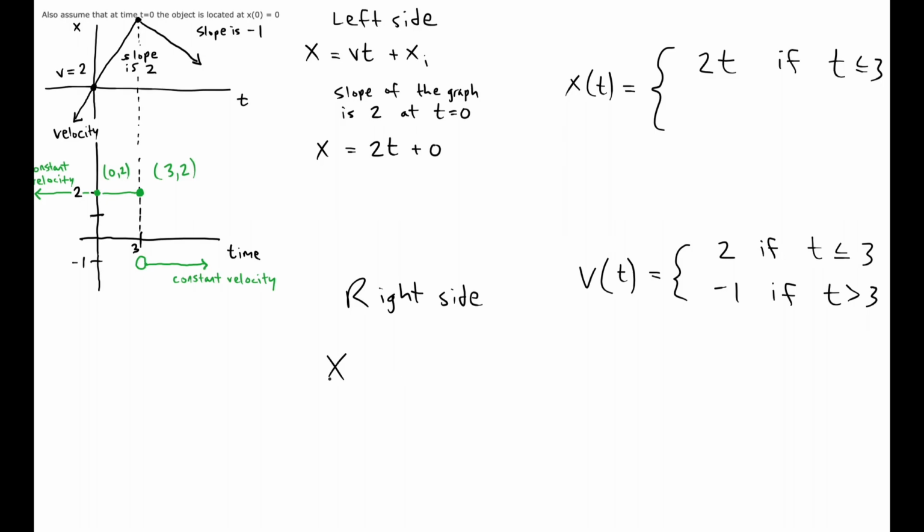Now for the right side, we'll start with that same linear equation. But we want to plug in the new velocity. And the last thing we have to figure out is what this xi would be for this segment. So you can't actually use the xi that was given in the instructions here.